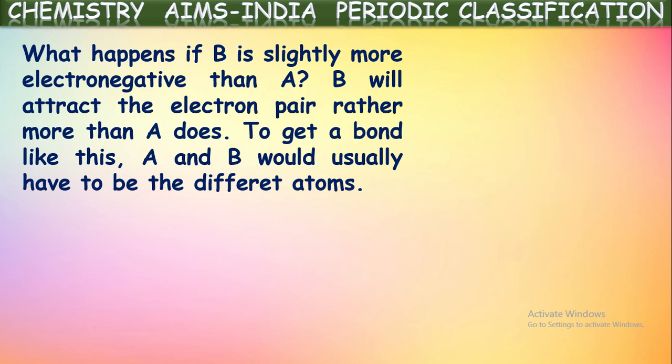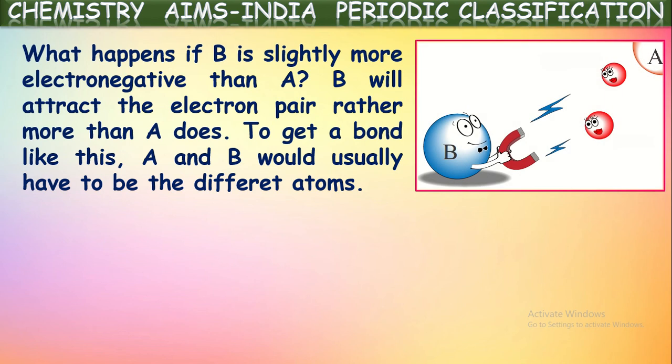We said electronegativity means the tendency of pulling the electron pair towards it in a bonded molecule. If one of the atoms in the molecule has greater electronegativity than the other, it will pull the electron pair towards it much more than the other. Then we can say it is a molecule with an electronegativity difference.